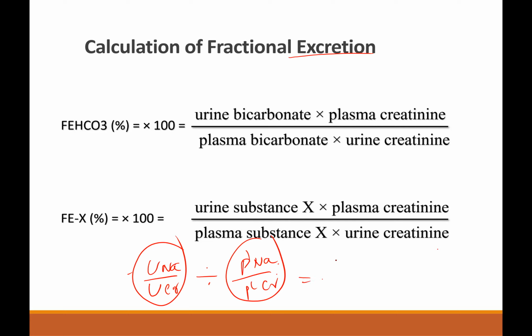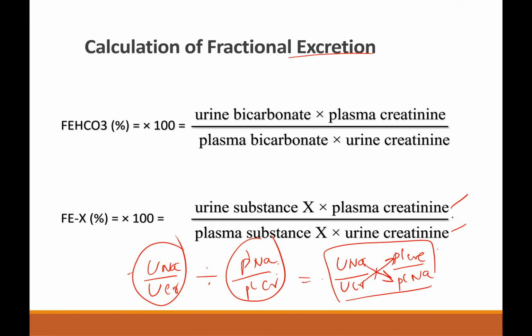Then this becomes urine Na by urine creatinine into plasma creatinine by plasma Na. Because when you are cross multiplying, naturally these two get multiplied, and these two get multiplied.